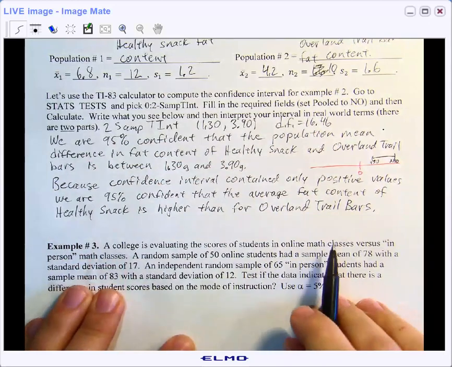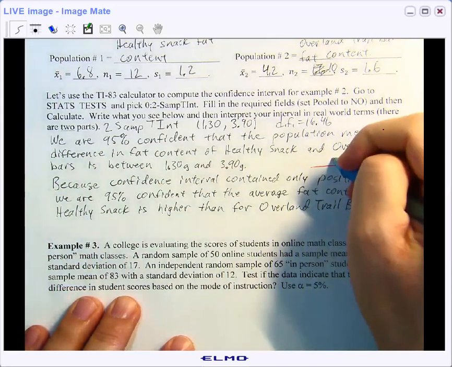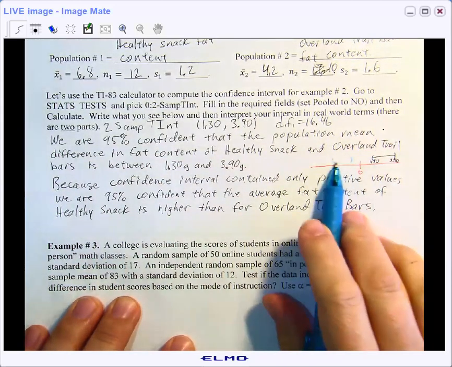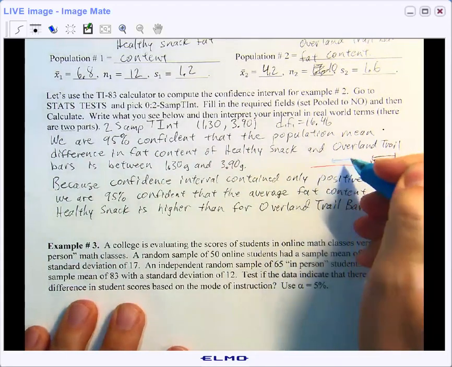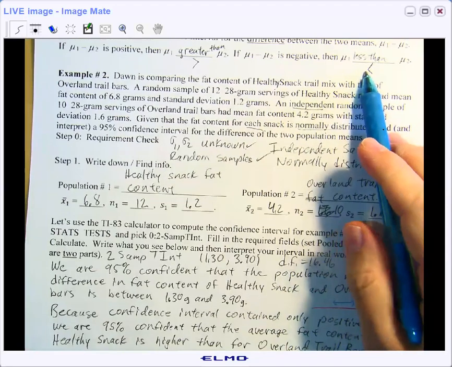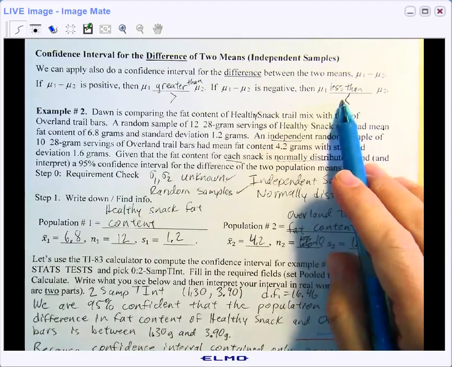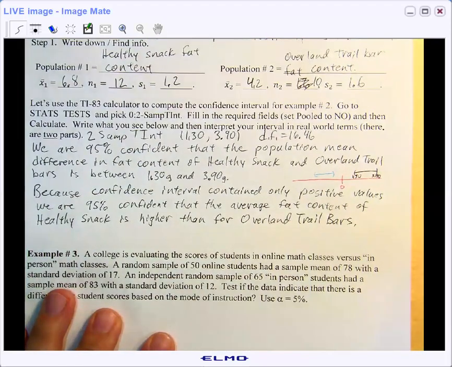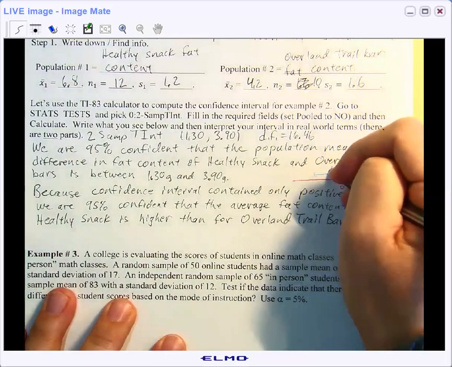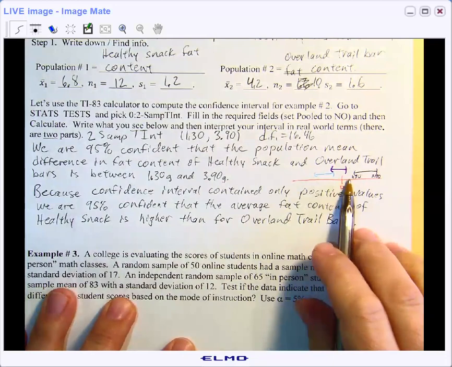Does that make sense? Just to do a what-if, if our confidence interval had come all the way down here, then we would see that our confidence interval was entirely negative. And if the confidence interval is entirely negative, then we have strong evidence that mu1 is less than mu2. It would be the other way around. And the third option is that the confidence interval straddles 0 and is on both sides of 0.